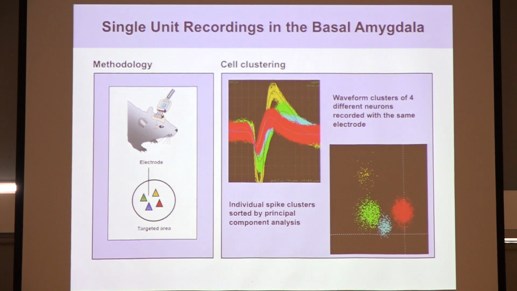So it's extracellular recordings, and you can see that, for a given cell, the waveform shape is quite constant. Based on this constancy, you can establish clusters of action potentials that correspond to single neurons, and you can follow the changes in the activity of these neurons during your behavioral experiment.